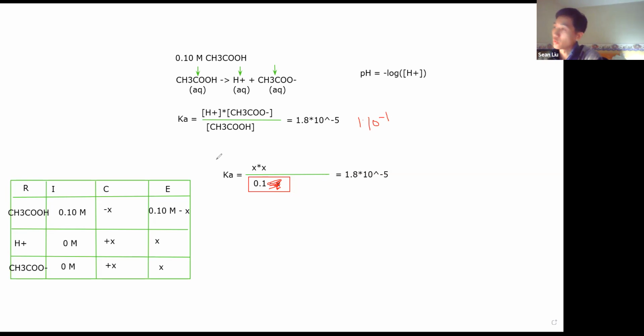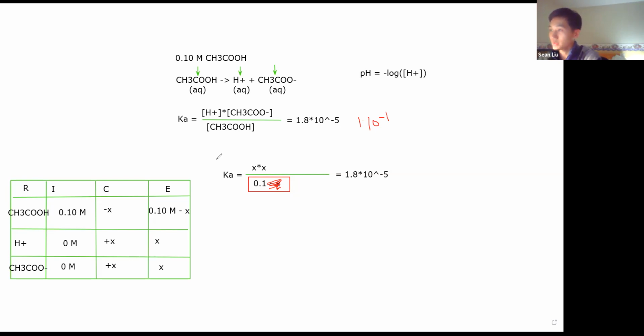So for x, I got 0.1 for when you don't account for the minus x in the denominator. But if you do account for it, what you do get is 0.061 or 0.062.